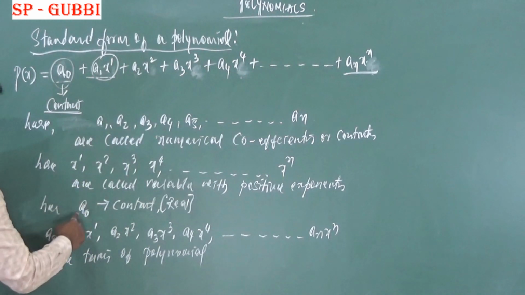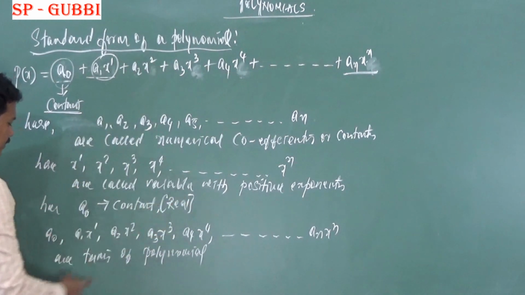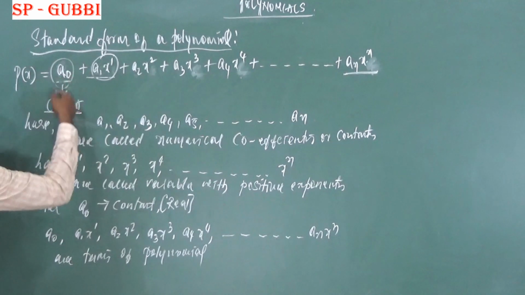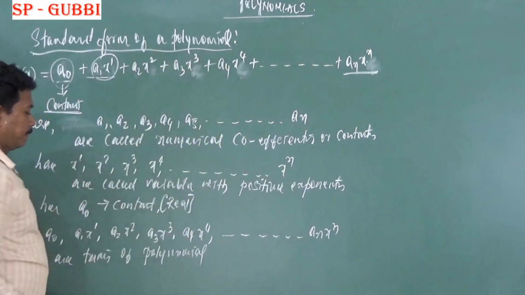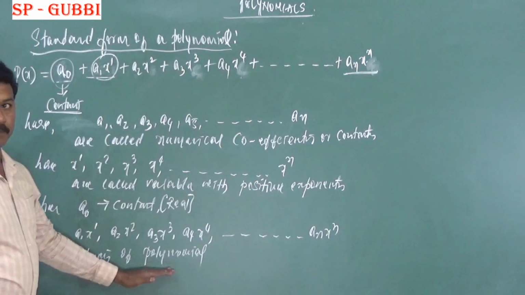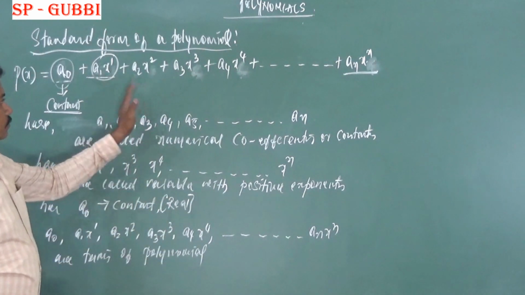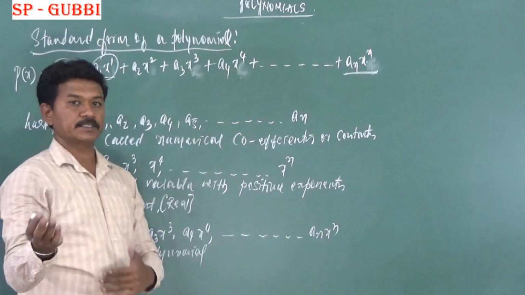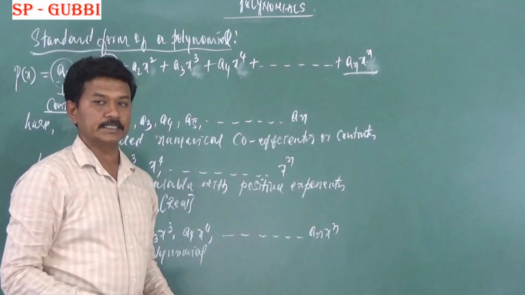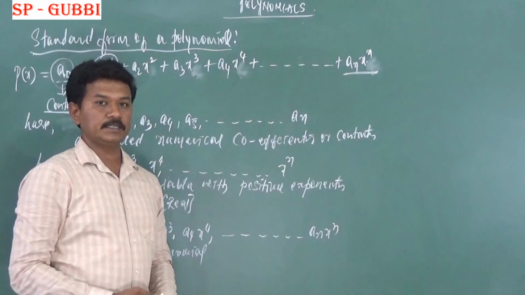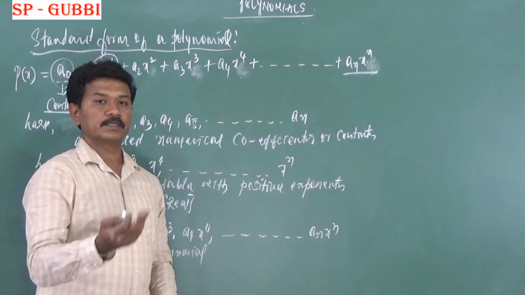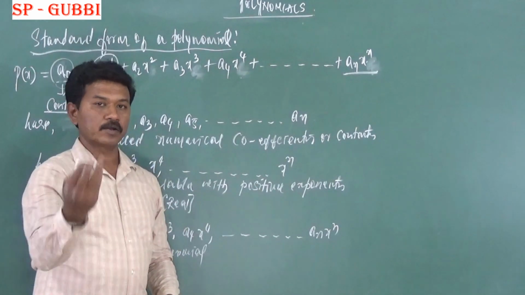So here they are constants. A base 0 is the real constant, and A base 0, A1 x, A2 x square, A3 x cube are all the terms of the polynomial. In between the terms you may have a plus sign, or you may also have a minus sign. So next we will go with the examples where we are going to check whether the given expression is a polynomial or not.